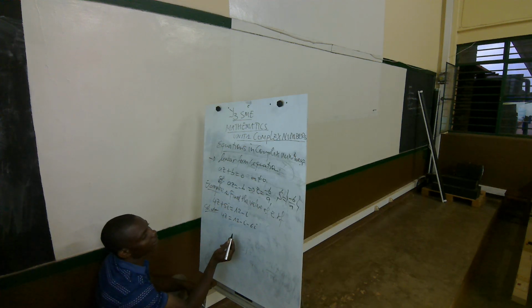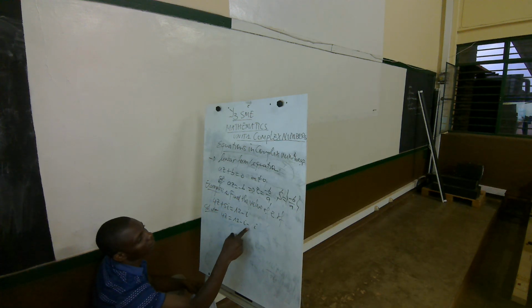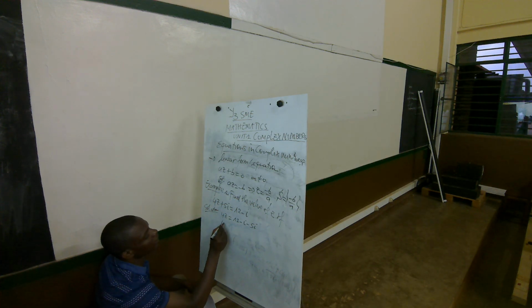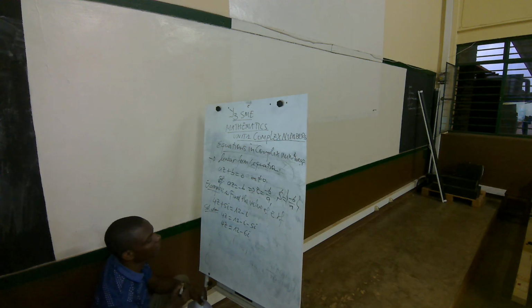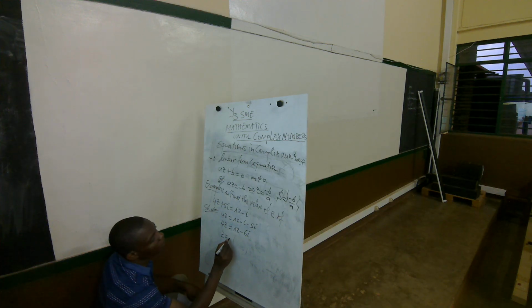So here we can add those imaginary ones, this is 6i. Now we have 4z, which is equal to 12 minus 6i.